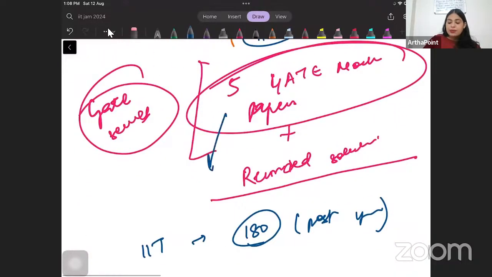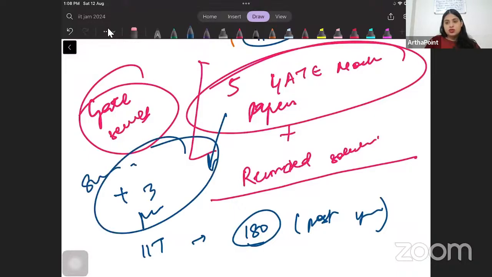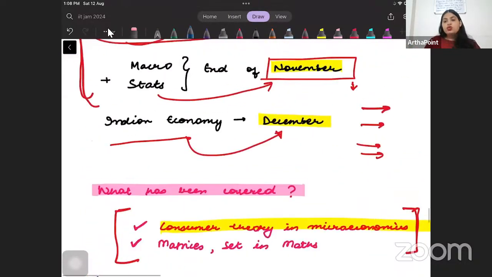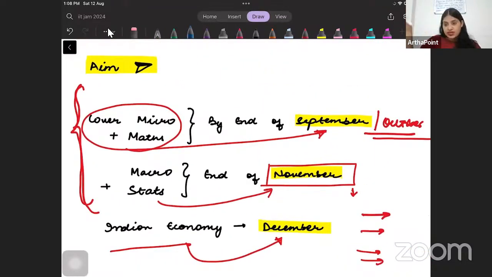Similarly 5 GATE के paper plus 3 past years, 8 papers यहाँ practice हो गए. So practice questions के लिए we have enough, but for now you should be focusing on subject wise practicing. You have to read individual subjects, full syllabus की discussion, full mock paper की discussion, क्या करना है, कैसे करना है. We will take more sessions on it and we will get those through.